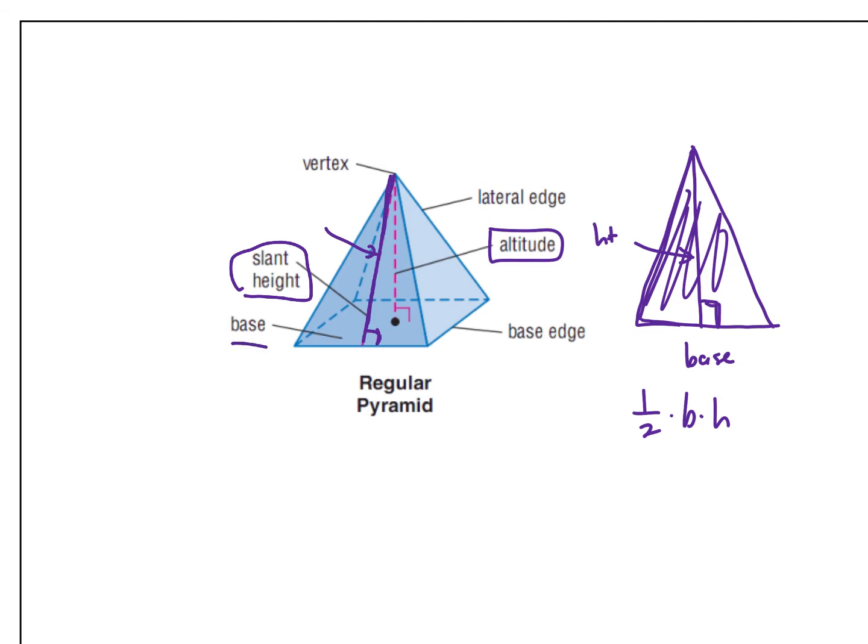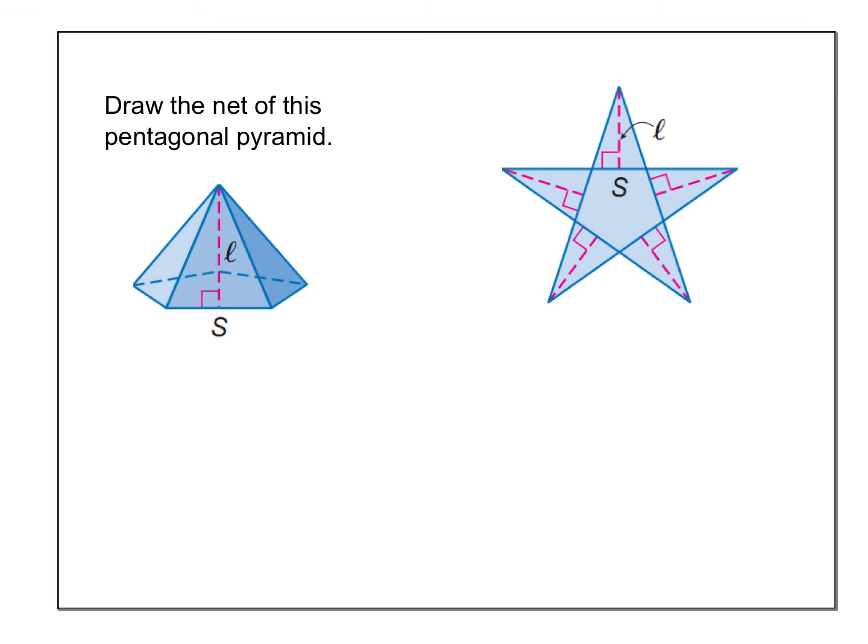So base edge, lateral edge, vertex, slant height and altitude are the bigger pieces we're looking at here. If I consider this a pentagonal pyramid, that means my base shape will be a pentagon.